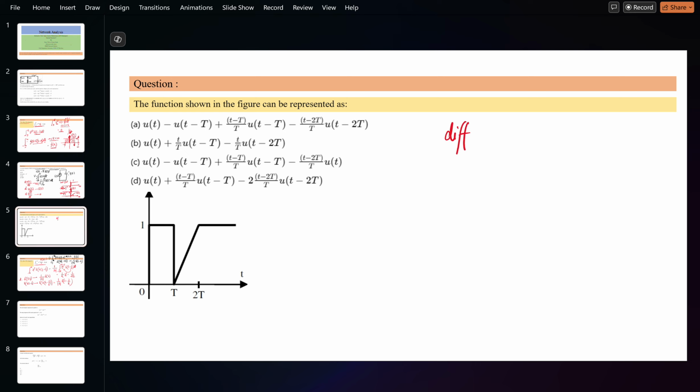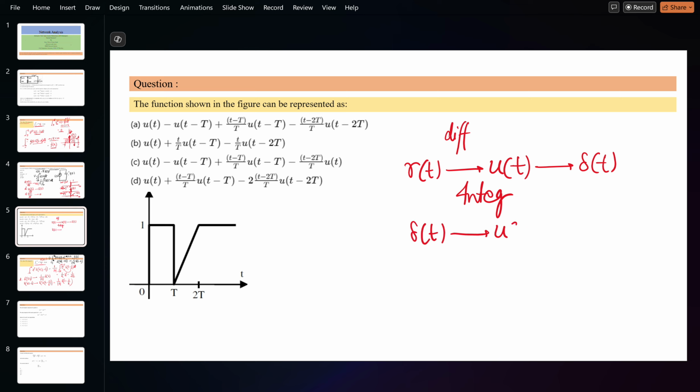This is the differentiator. When you differentiate r(t), it will become u(t). When you differentiate u(t), it will become delta t. The reverse also happens when you integrate. When you integrate delta t, it will become u(t). When you integrate u(t), it will become r(t). Remember this.